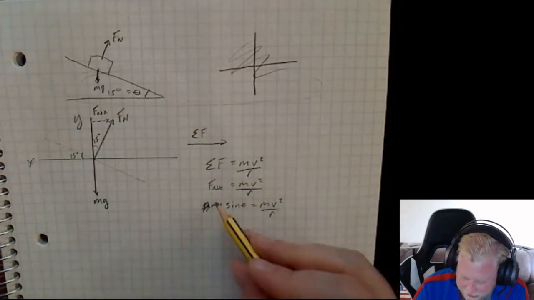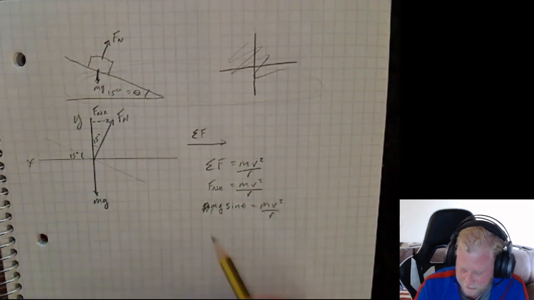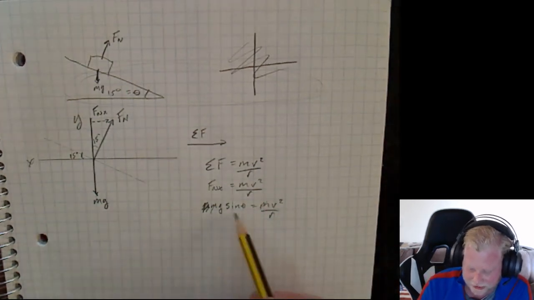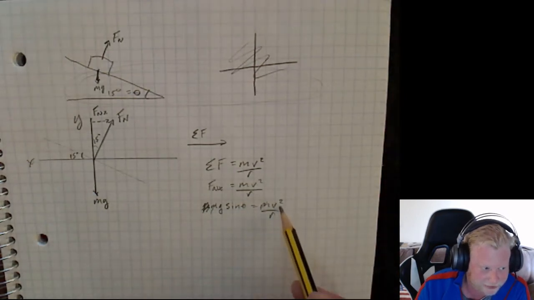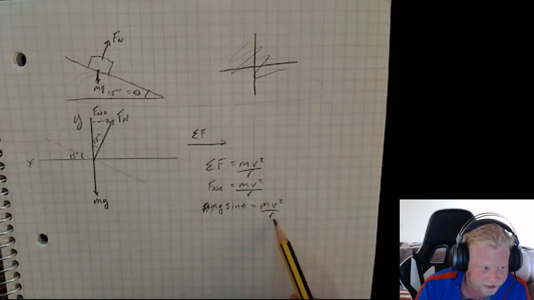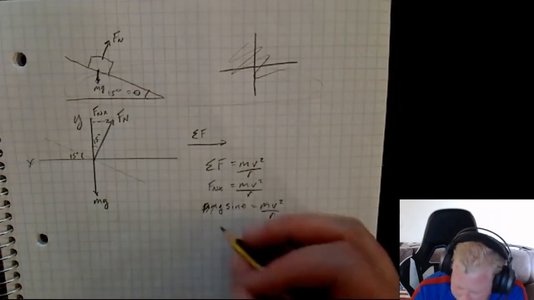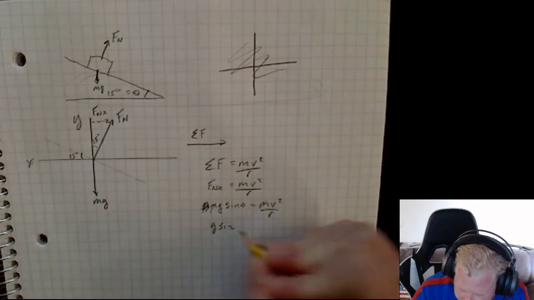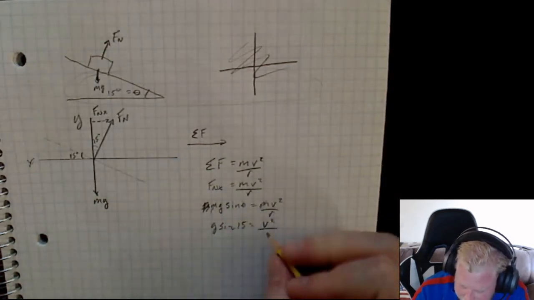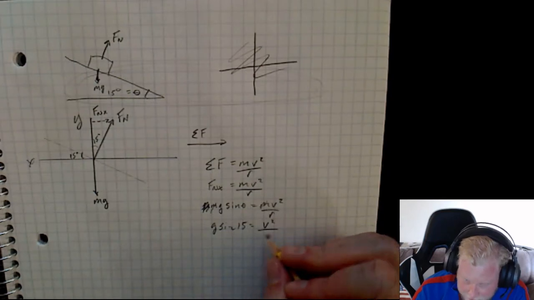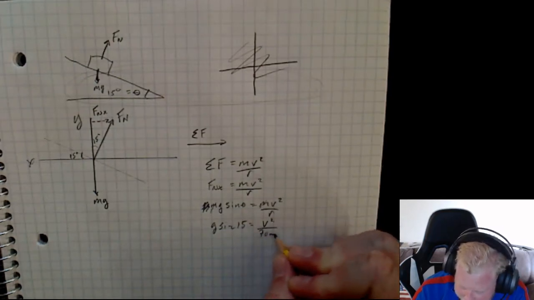Now again, notice your masses cancel out. So what you're looking at is g times the sine of the embankment angle is equal to the max speed squared over the radius of the circular path. So g times the sine of 15 is equal to your max speed squared over that 70-meter radius.